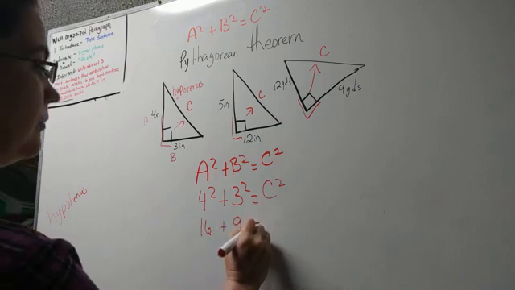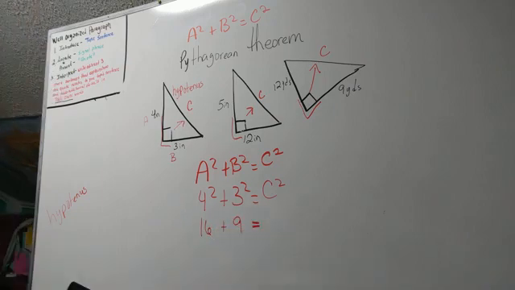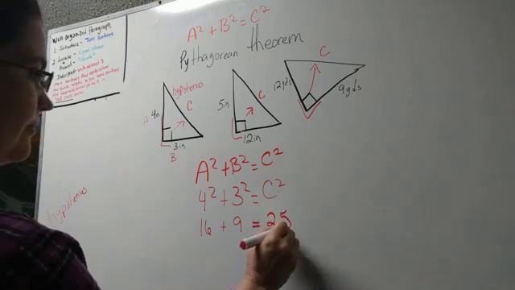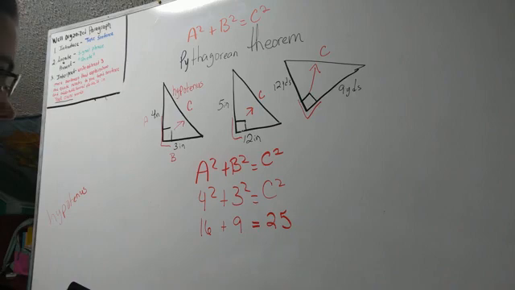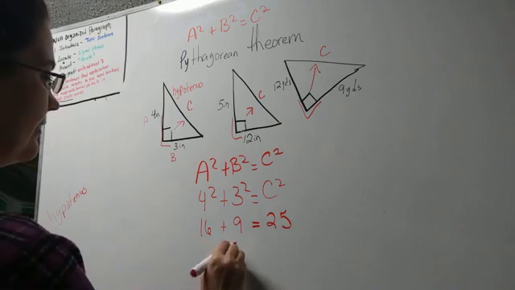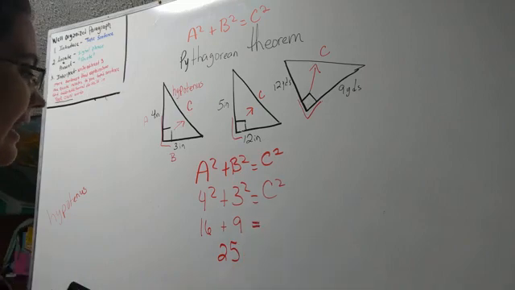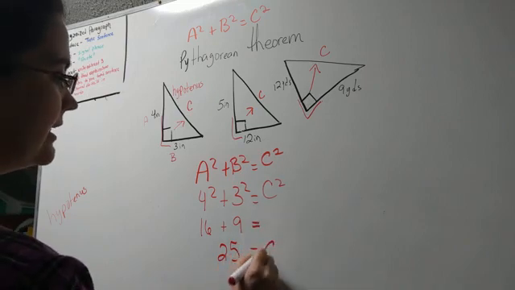Okay? So if we add 16 and 9, that would give us 25. So 25 equals C squared.